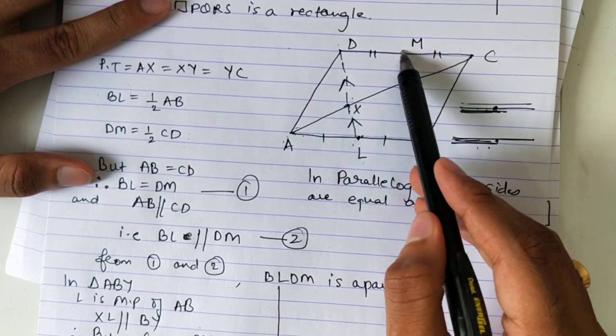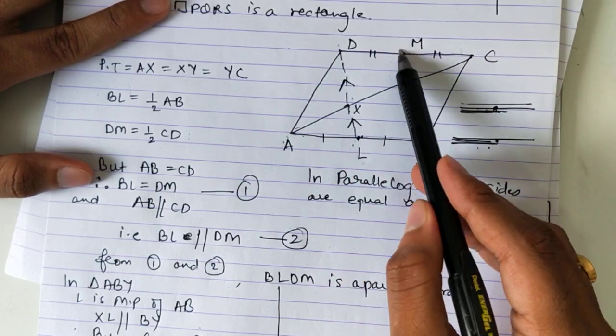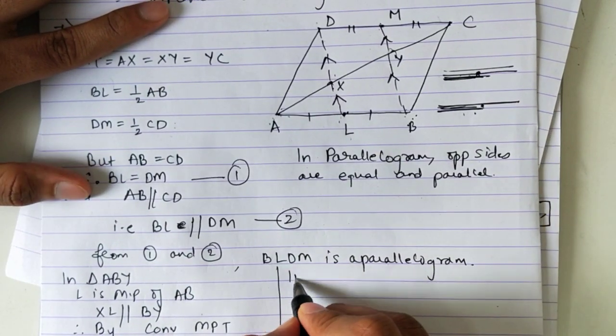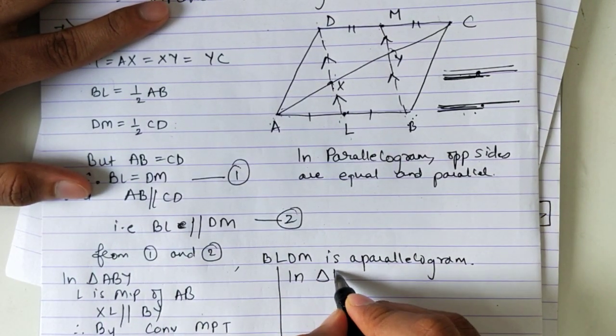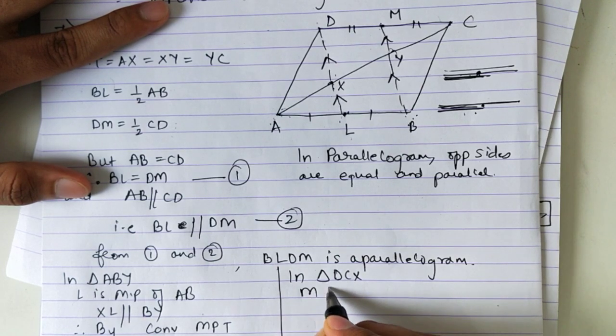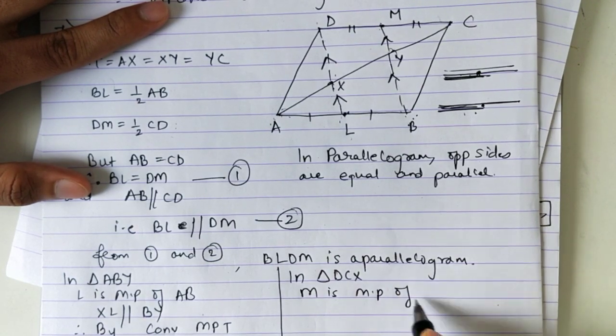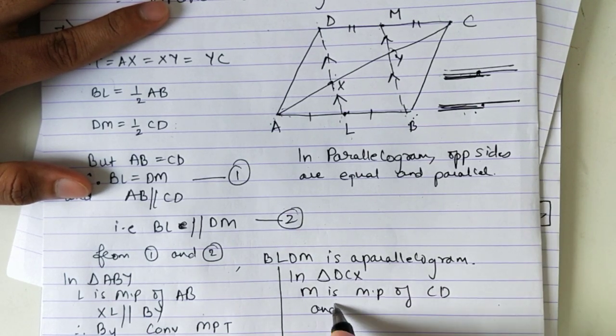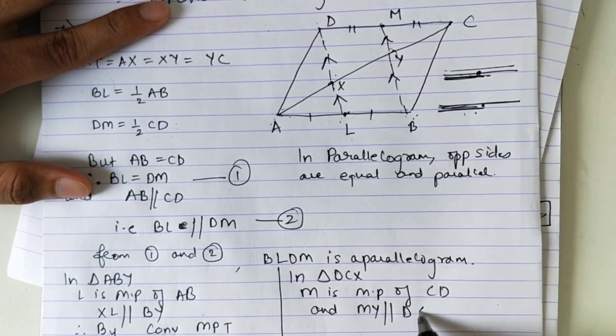Similarly, take this triangle. Okay, in this triangle M is the midpoint of CD and MY is parallel to DX. Okay, so in triangle DCX, M is the midpoint of CD and MY is parallel to DX.